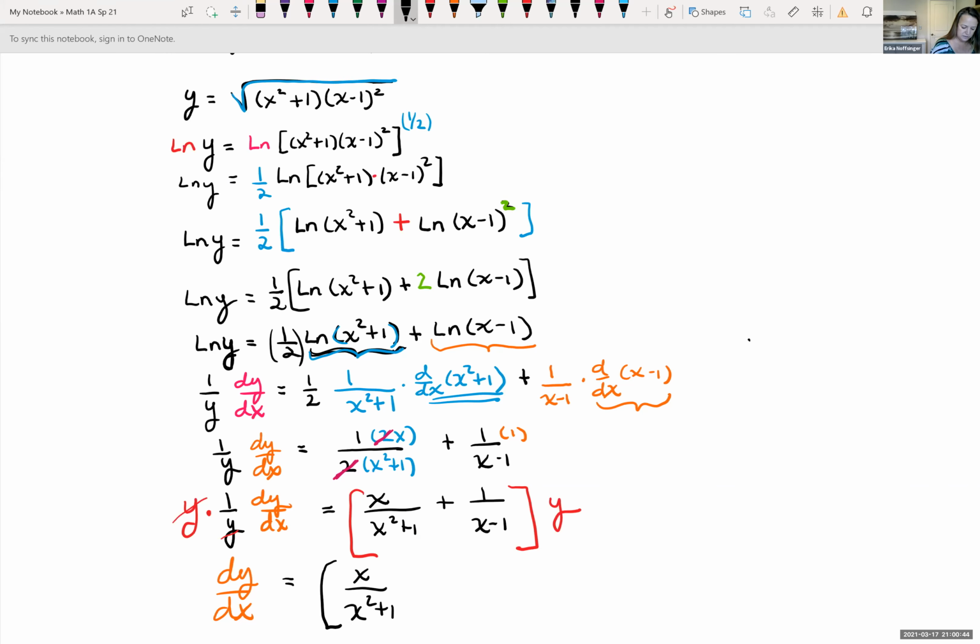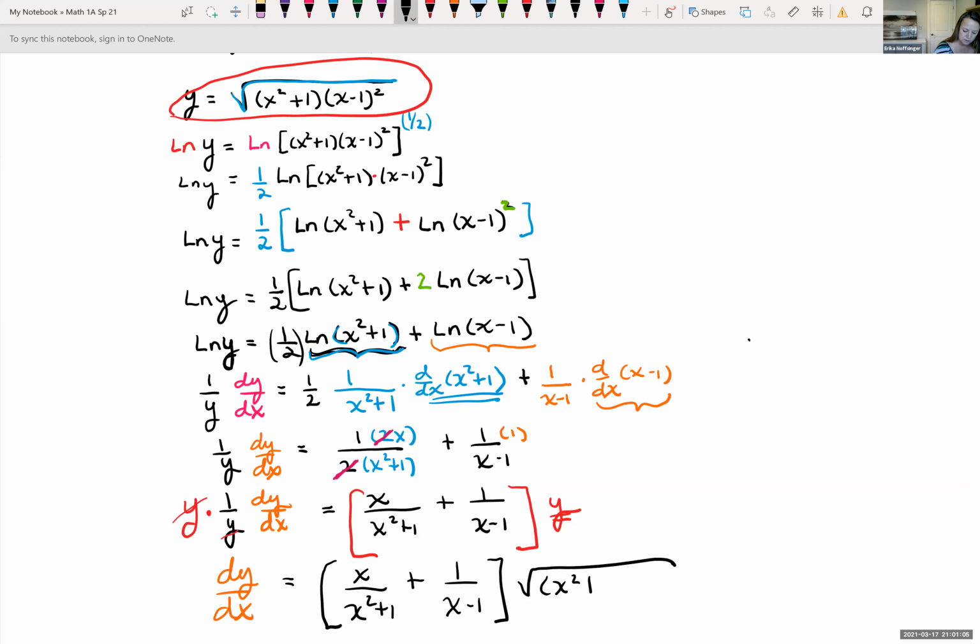We could get a common denominator if we wanted, plus 1 over x minus 1. Instead of writing y though, y was this. And so instead of writing y here, we're going to write what the equation was, which was the square root. So times the square root of x squared plus 1, all times x minus 1 quantity squared.